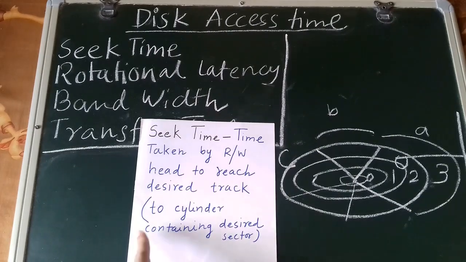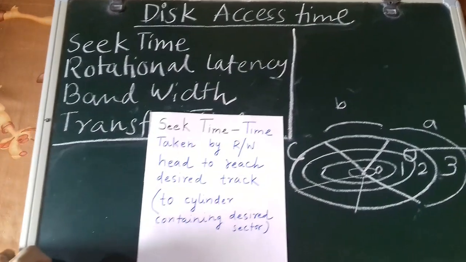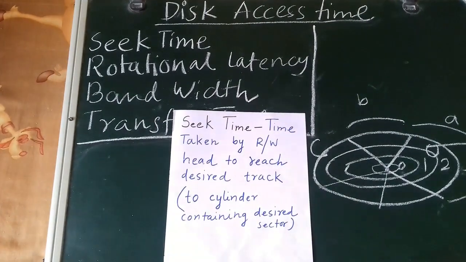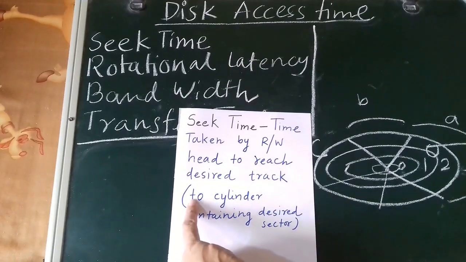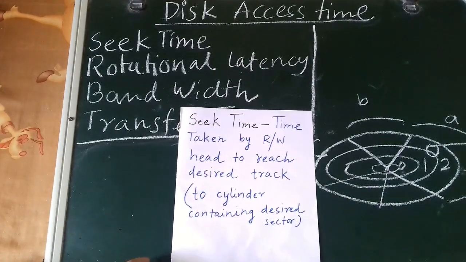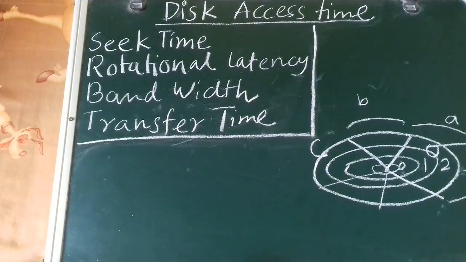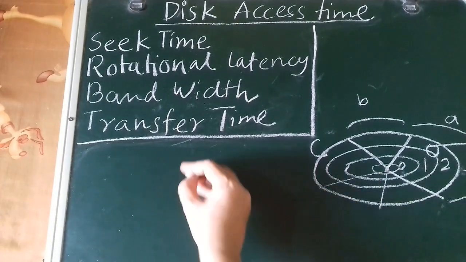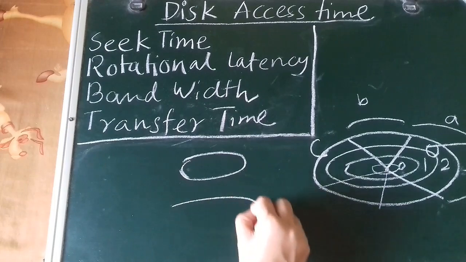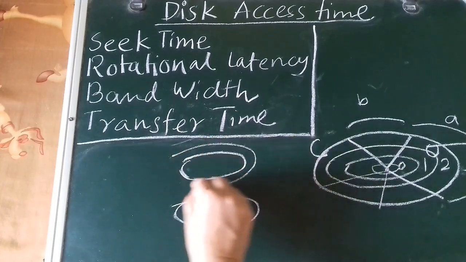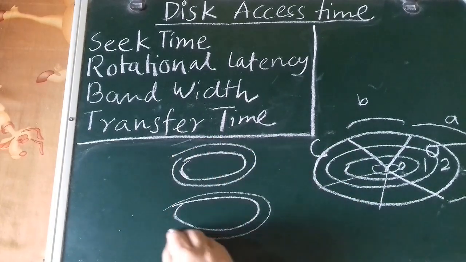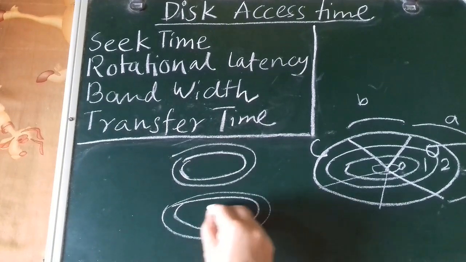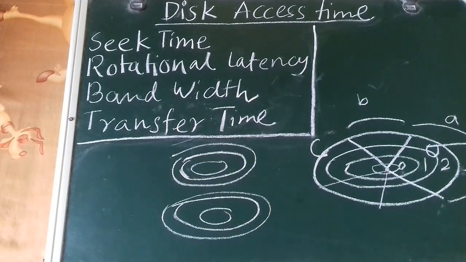moving from 0 to 3, how much time the read-write head takes, that is called seek time. One more thing we have mentioned here is the name cylinder: the cylinder containing the desired sector. What is a cylinder actually? We cannot see any cylinder here, but if I want to draw it, these are the two platters, and these are the tracks.